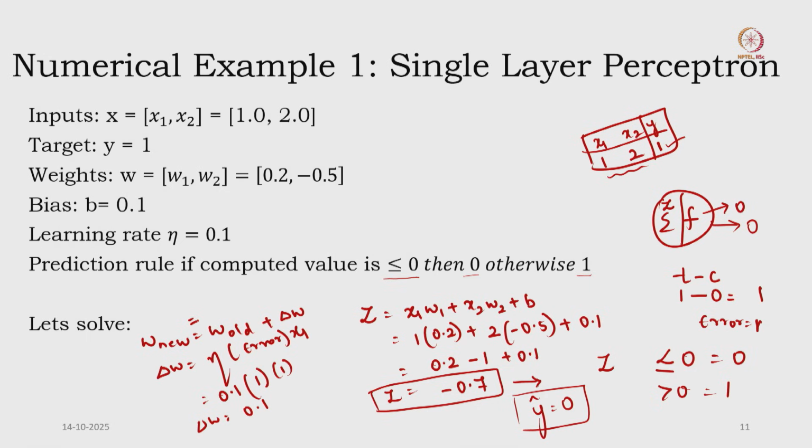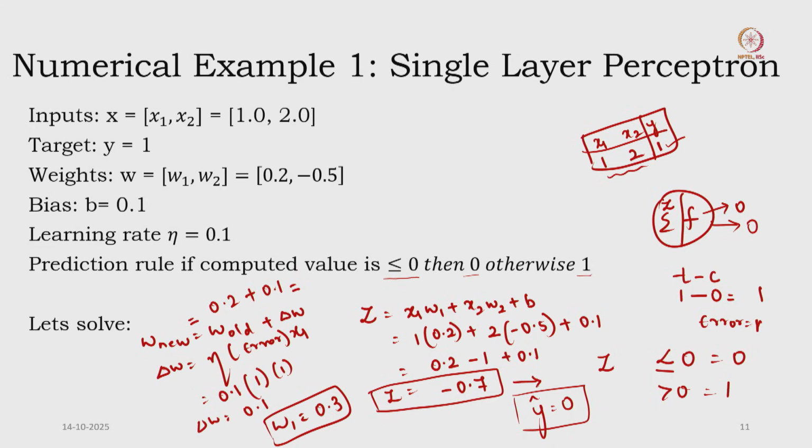What is the old weight? The old weight value is 0.2, and what is this delta? It is 0.1. Therefore the new W1 what we have got is 0.3.